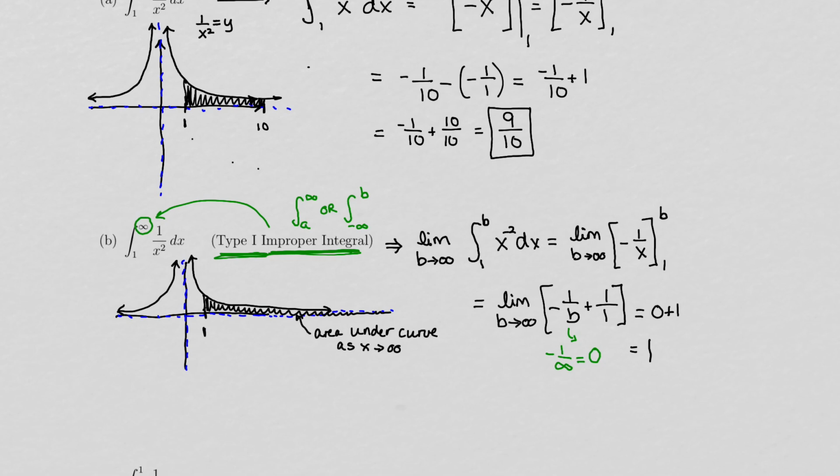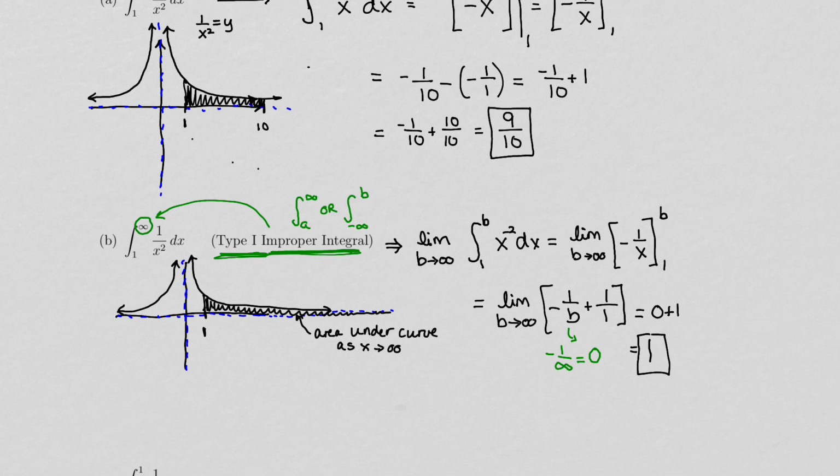This blows me away every time to think that even though I don't have a right bound that's finite, even though my right bound goes all the way to infinity, that area underneath that curve approaches a finite number. That just really gets me.